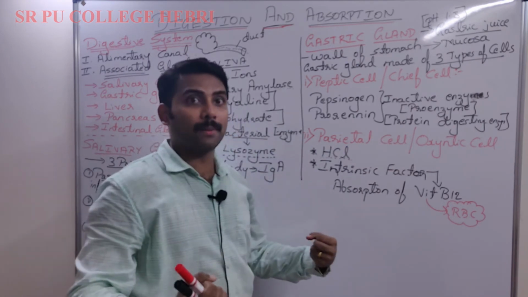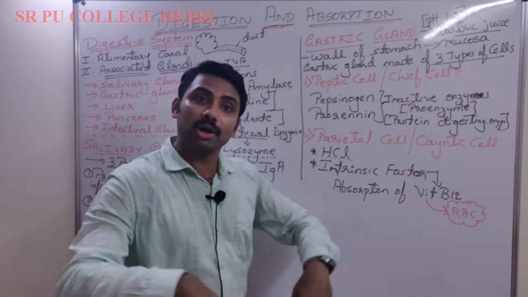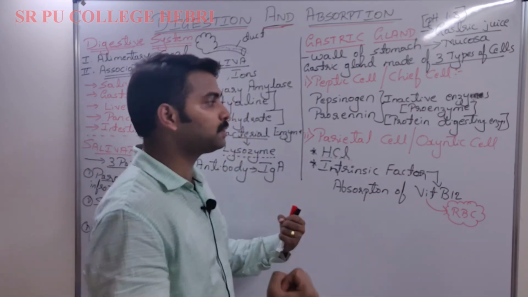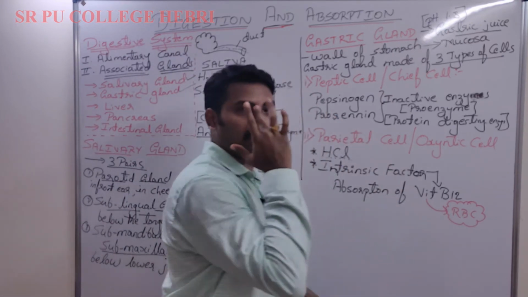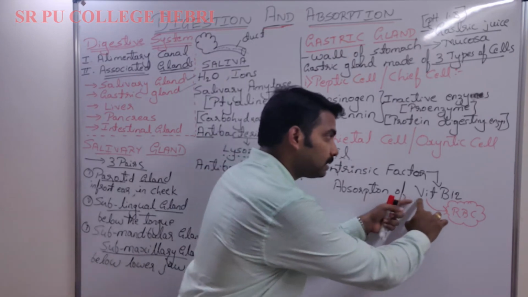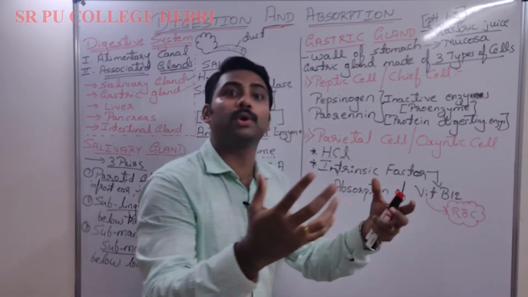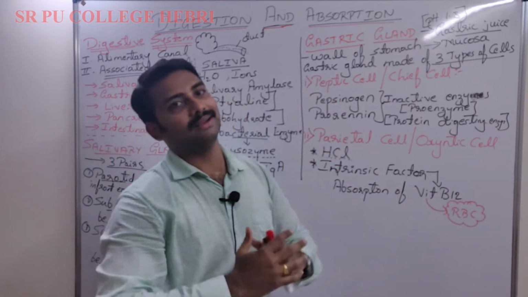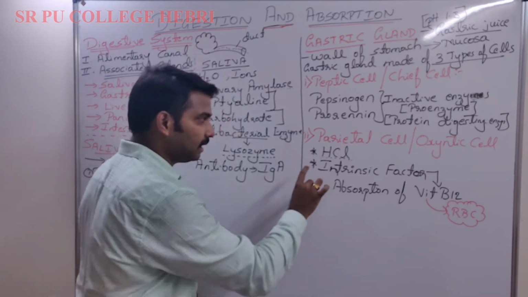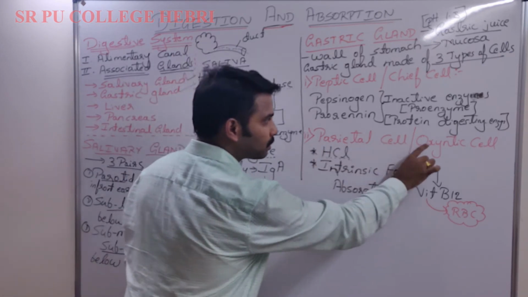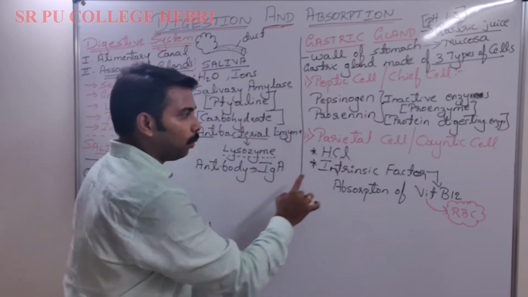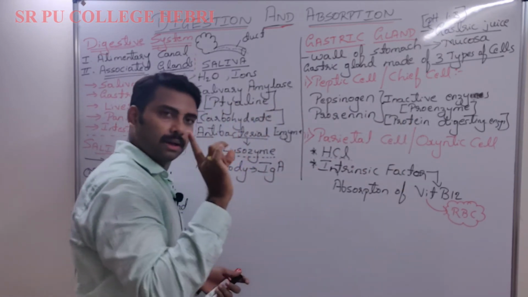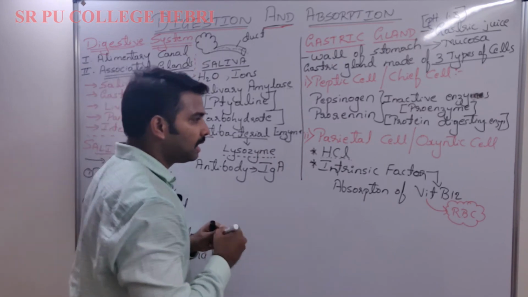Is it absorbed? No. Why is it not absorbed? ಯಾಕೆ absorb ಆಗ್ತಾ ಇಲ್ಲ? ಯಾಕೆ ಅಂದ್ರೆ this is missing. Is that clear? When it is not absorbed, production of RBC what happens? Decreases. Is that clear? These are the two things produced by parietal cell. ಇದನ್ನೇ 2 mark ಗೆ ಕೂಡ ಕೇಳಬಹುದು. What is the function of intrinsic factor? 1 mark question.